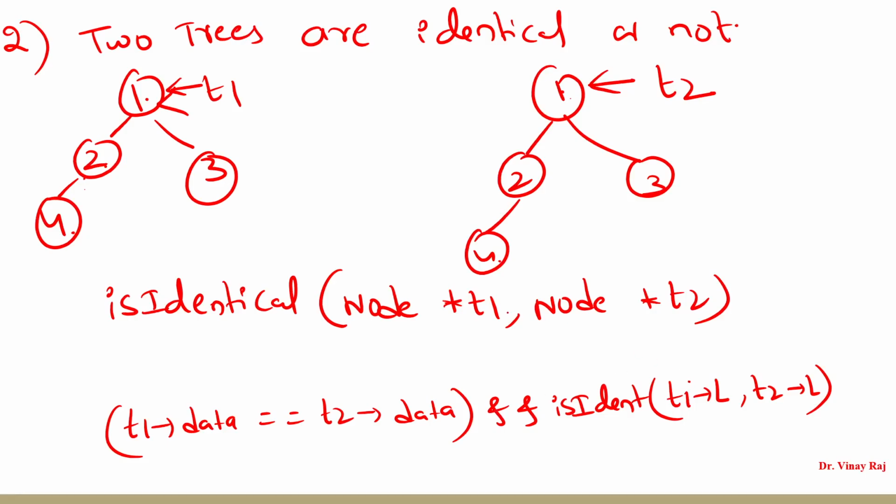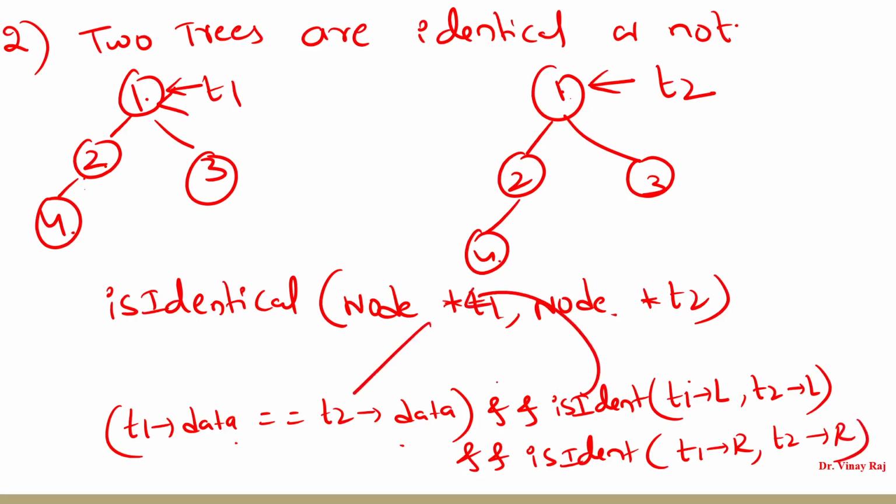So these are passed here. Again this data will be compared, and this also should be true, and isIdentical T1 right, T2 right. So in recursion this will be passed, again checked, again passed, again checked. This way it will repeat, and it will say whether both the trees are identical or not.